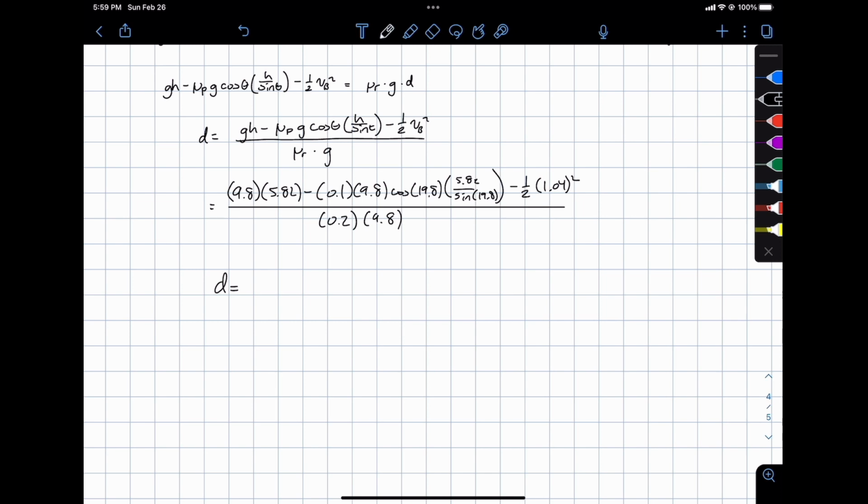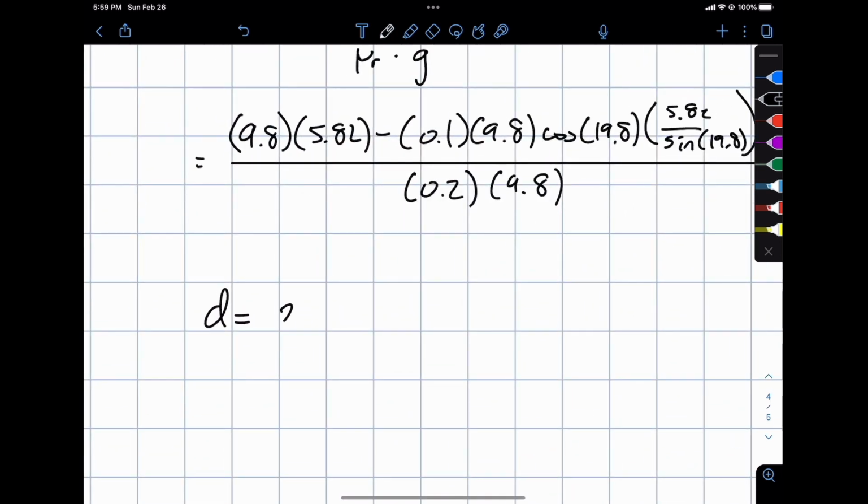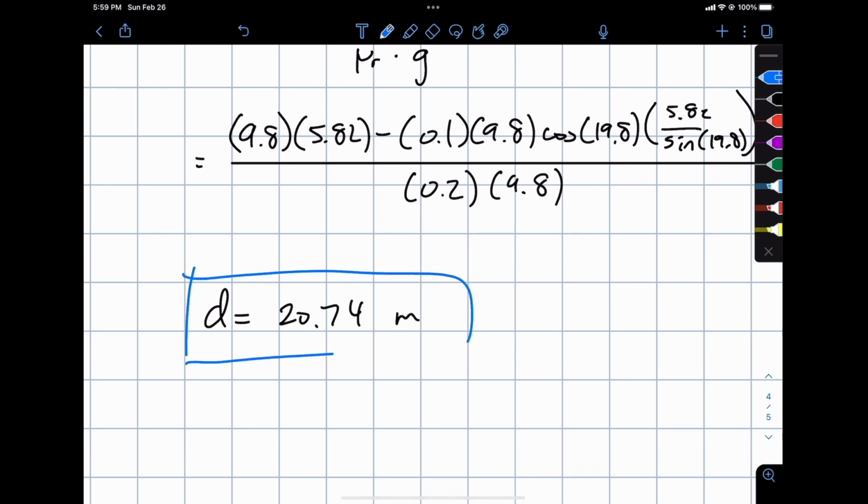Our answer for our distance will be 20.74 meters. That is it.